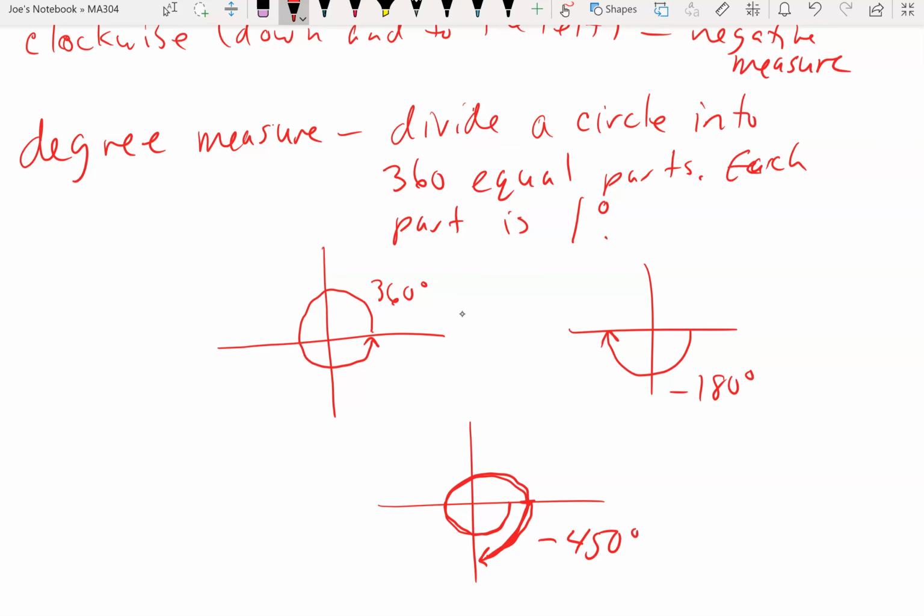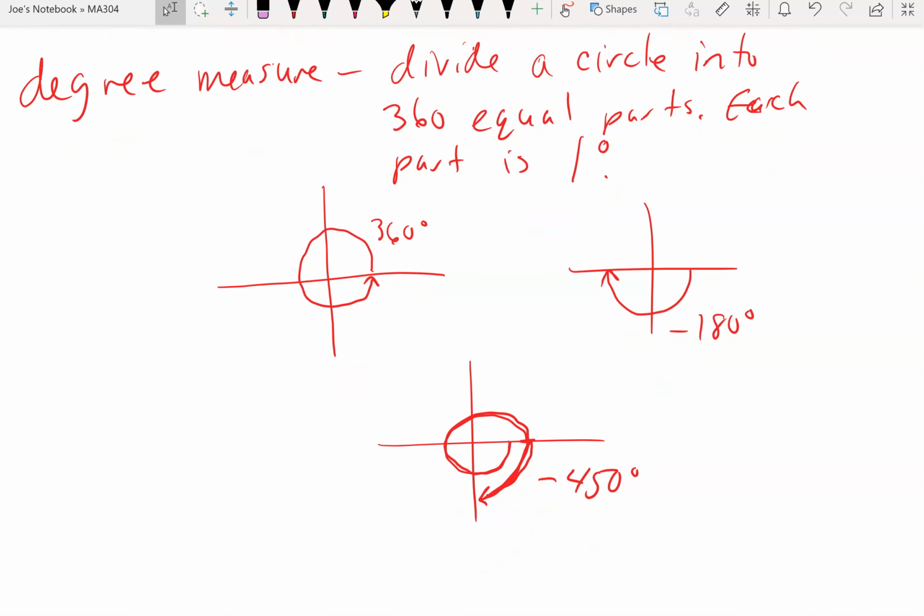Notice that we could have measured this a couple of other ways, right? I could have also said, what's this measure? That's negative 90, negative because we went clockwise, and then 90 because I just stopped. Now, from an angle standpoint, I really can't tell the difference, because they still have the same initial and same terminal side.